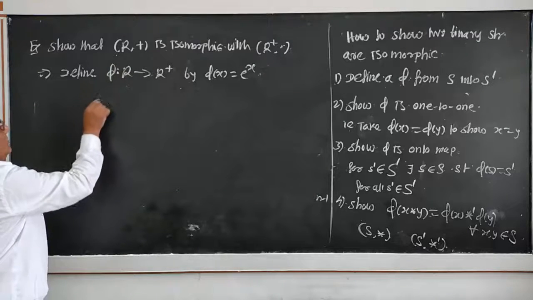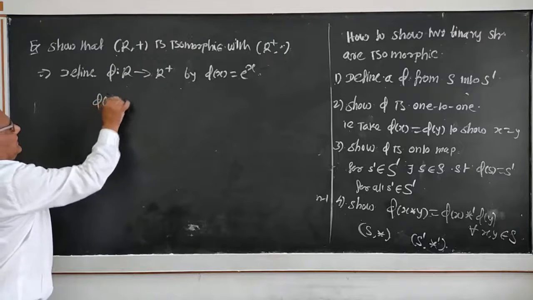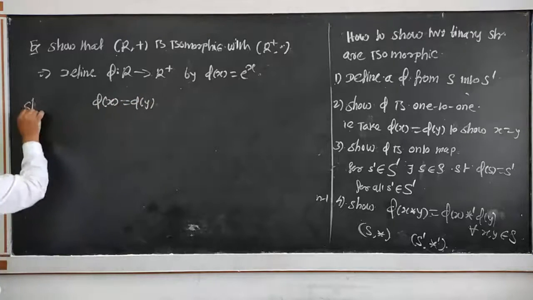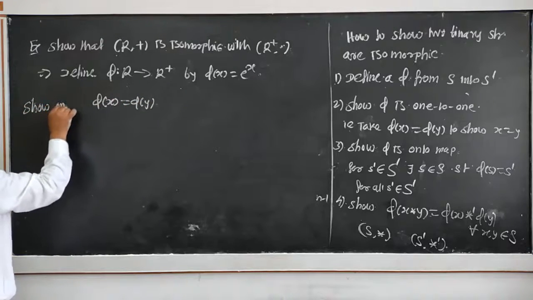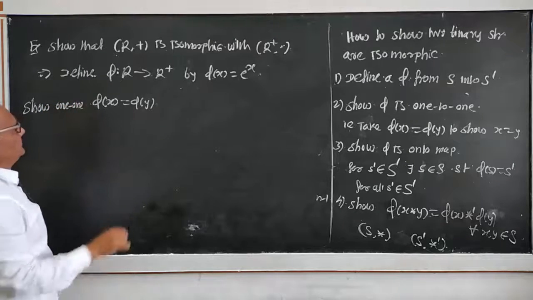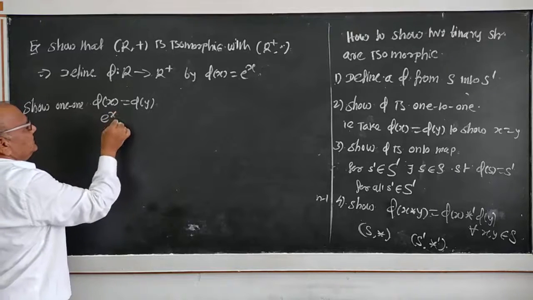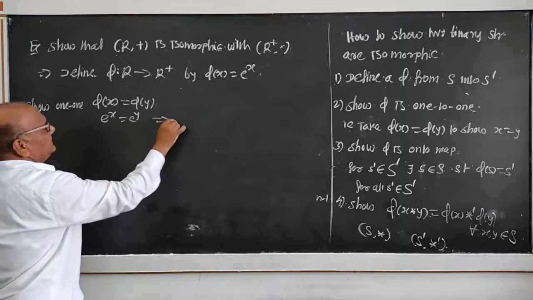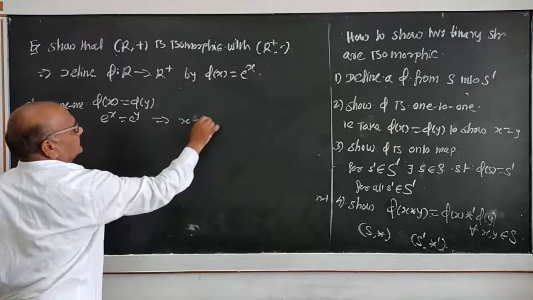Now phi of x is equal to phi of y. That means e raised to x is equal to e raised to y. This implies x is equal to y.